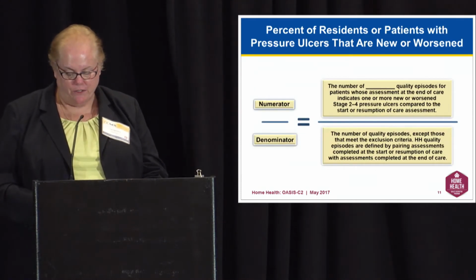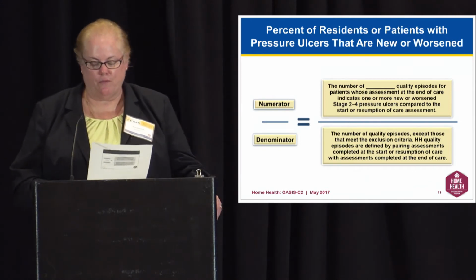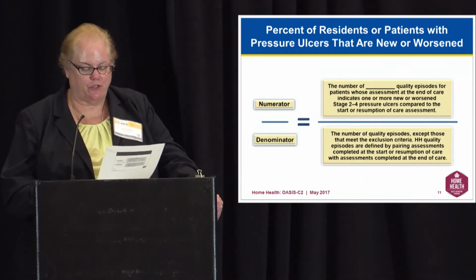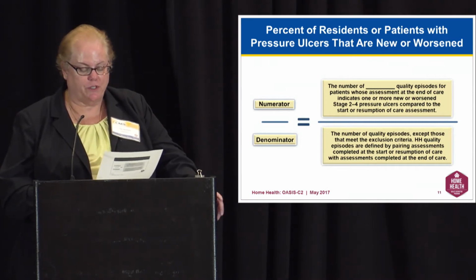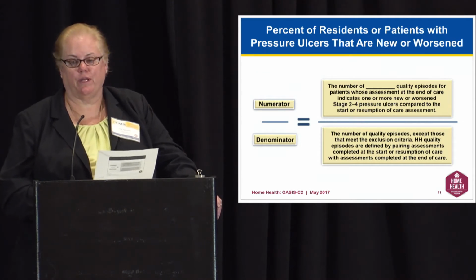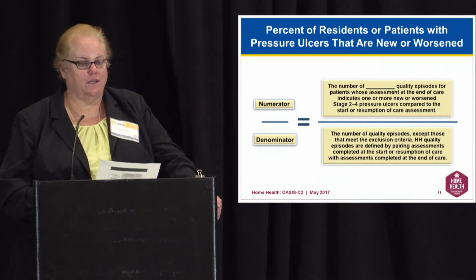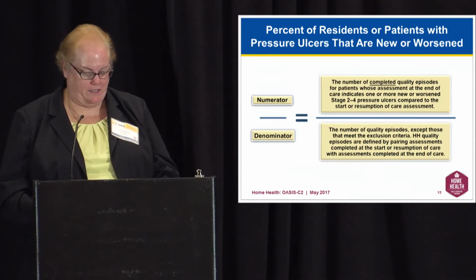So we have the percent of residents or patients, and we're looking at the numerator. The number of blank quality episodes for a patient whose assessment at the end of the care indicates 1 or more new or worsened stage 2 to 4 pressure ulcers compared to the start or resumption of care assessment. Do we have any guesses? Completed, exactly.